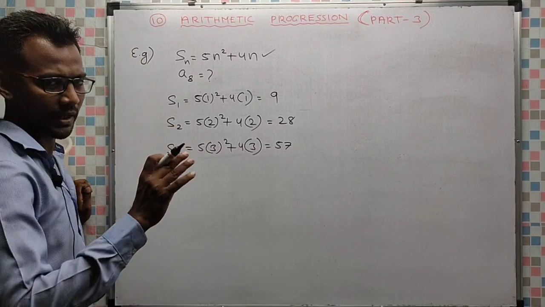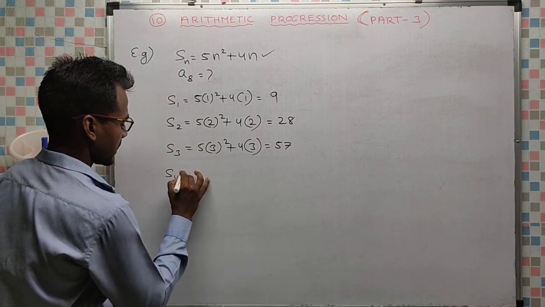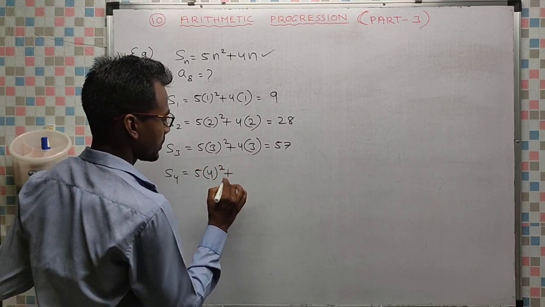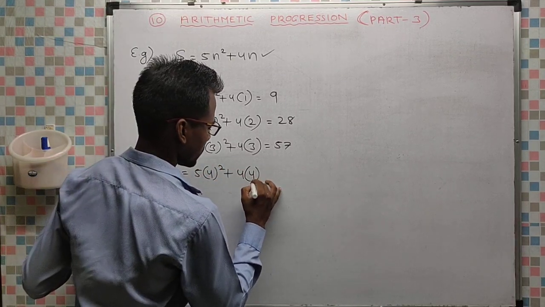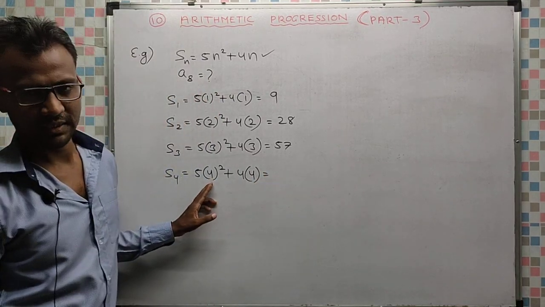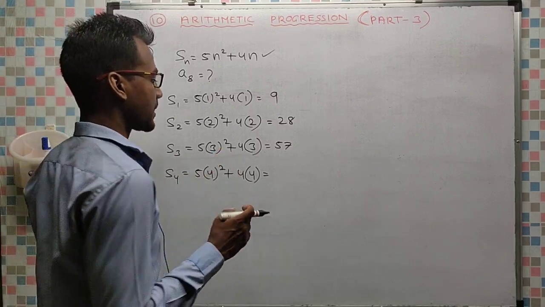I will not find all the sums. S4 is equal to 5 into 4 square plus 4 into 4, which is 4 square is 16, into 5 is 80. 4 4s are 16. 80 plus 16 is 96.